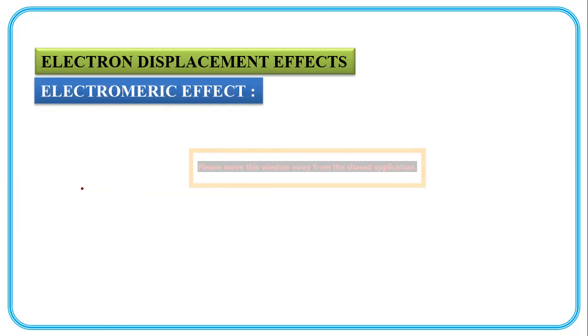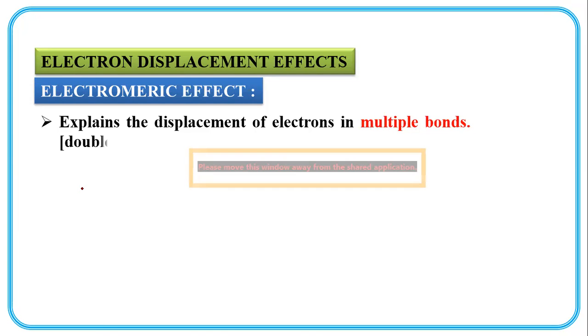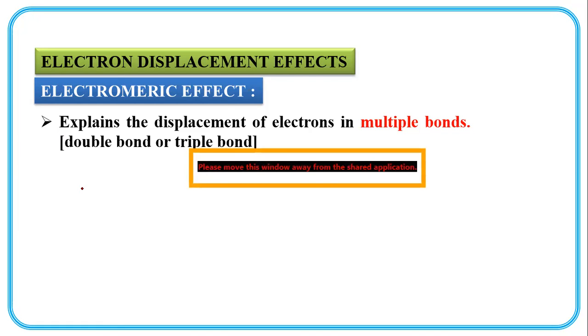Now, electromeric effect. It explains the displacement of electrons in multiple bonds, double or triple bonds. Inductive effect occurs in single bonds. Electromeric effect occurs in multiple bonds.